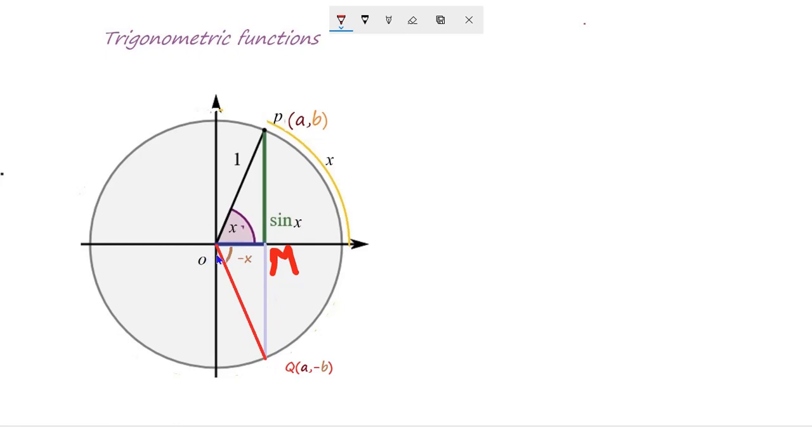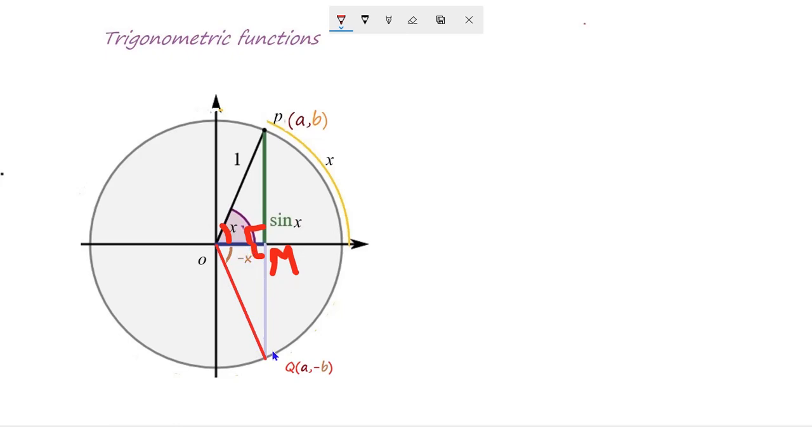Now if you consider the two triangles OMP and OMQ, you can observe angle QMO is 90 degree, and angle PMO or OMP is also 90 degree. Both are 90 degree. What about this angle? You know that angle POM is equal to x, and angle QOM is x only.